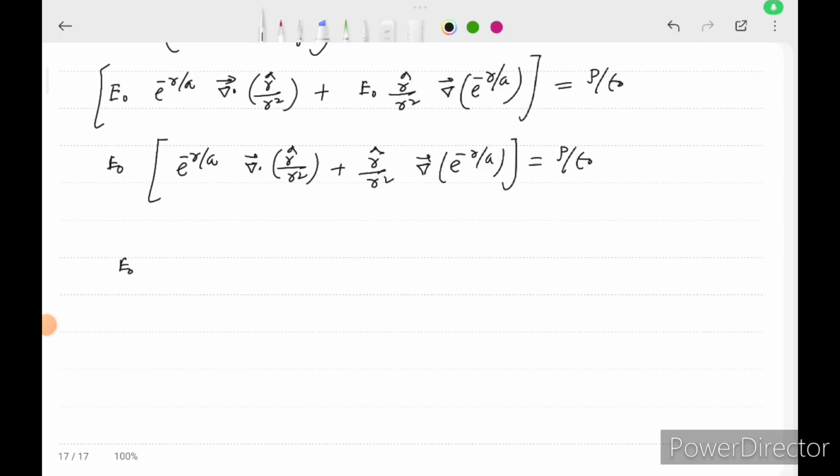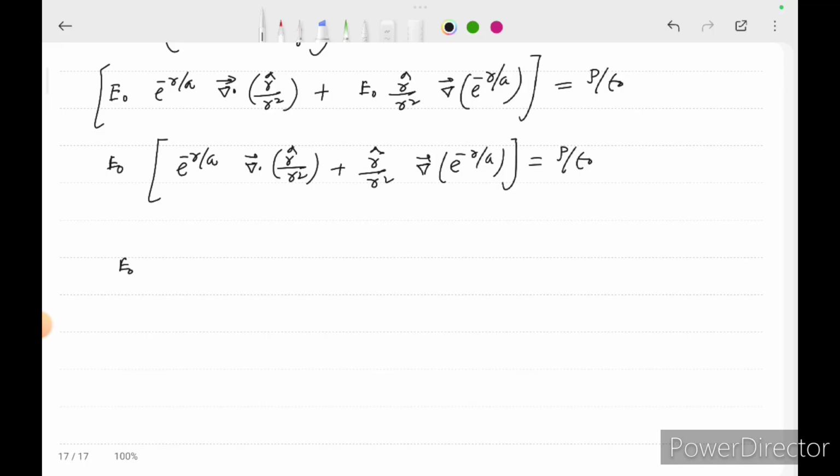We already know that the divergence of r cap upon r square is nothing but a Dirac delta function. We have discussed this in lecture number 1 or lecture number 2, so please kindly check.